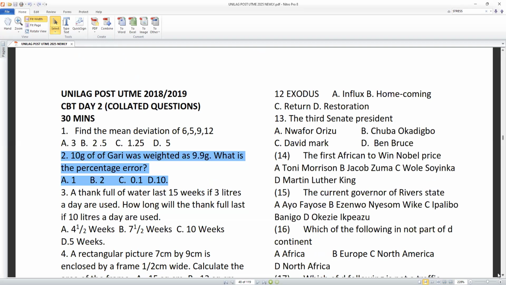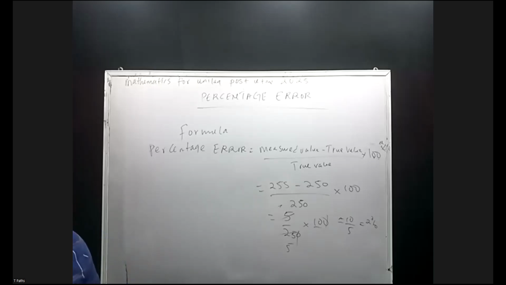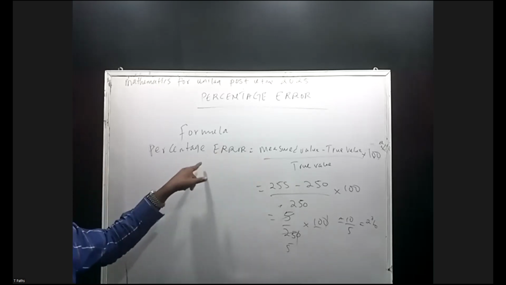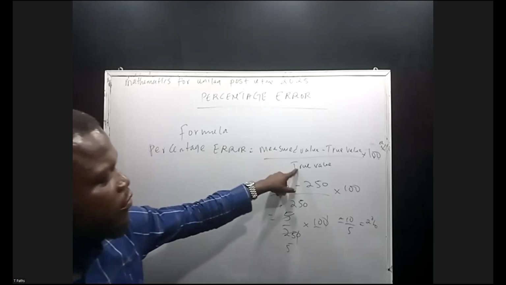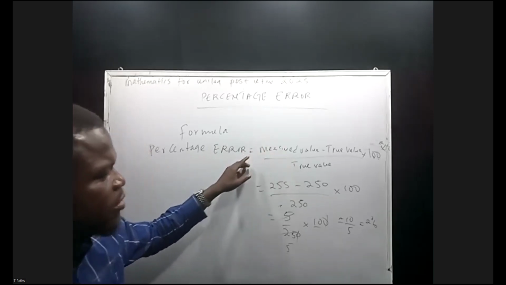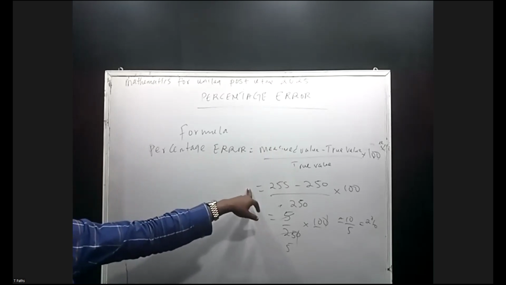Now, listen. There are some questions about percentage error where they will omit one of these. They will give you the question and omit one part, and it is left to you to work out the percentage error.